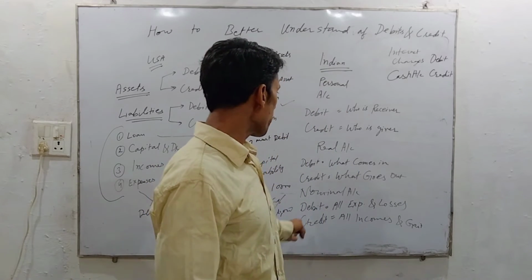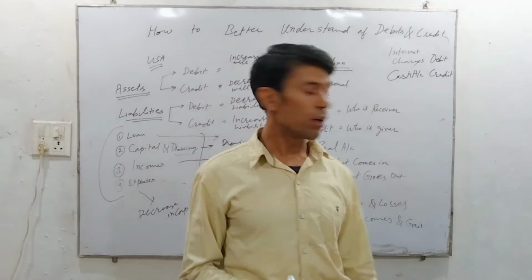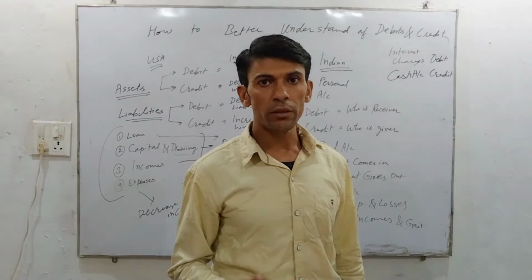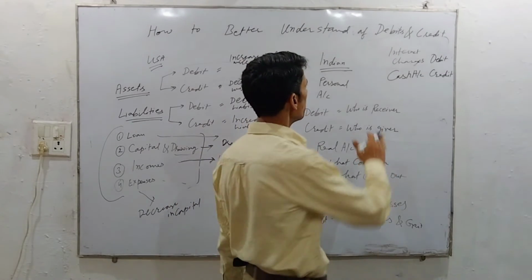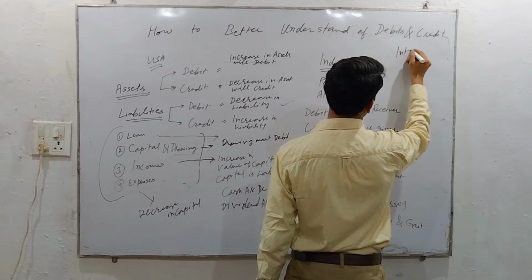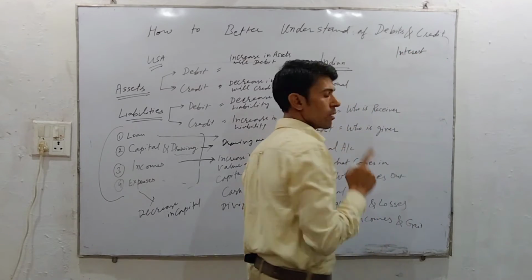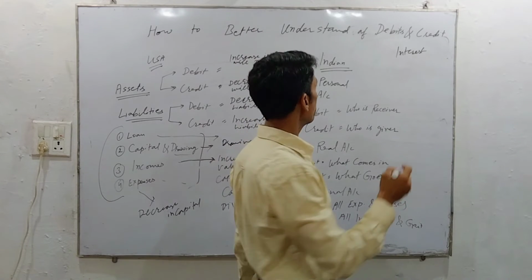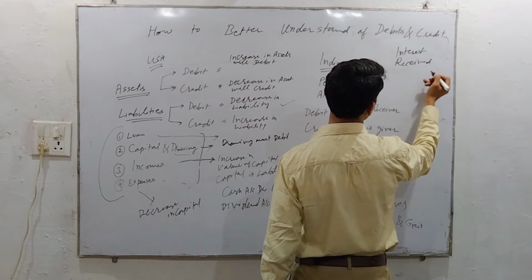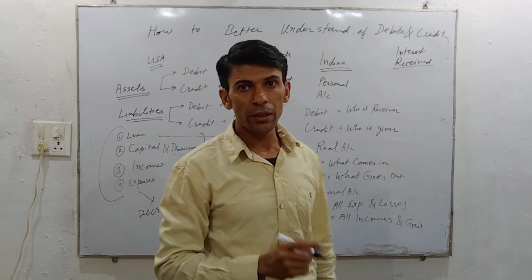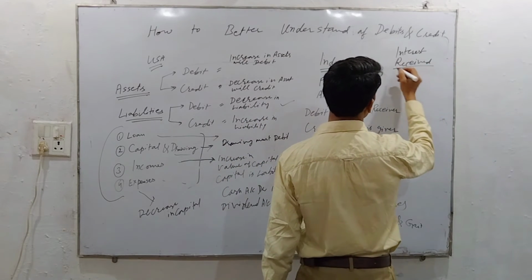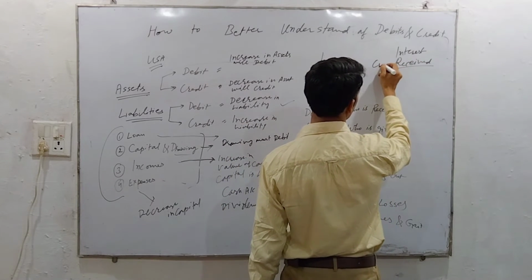Now incomes and gains are credit. Suppose we receive interest on our FD. We received interest, so whether it will be debit or credit, it will be credit.